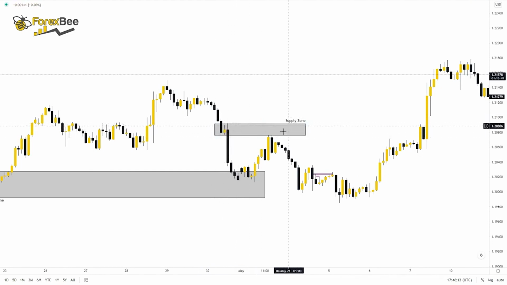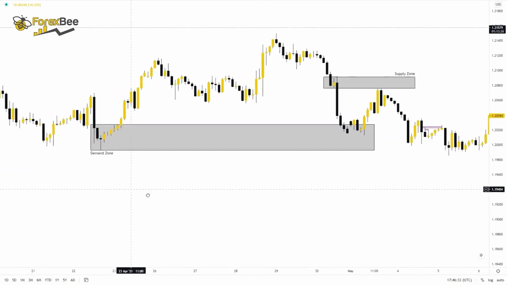So this is a supply zone, and a very strong one for our 2-hour time frame which we are working on. And if there were more base candles in between these two big candles, this zone would have been weakened.